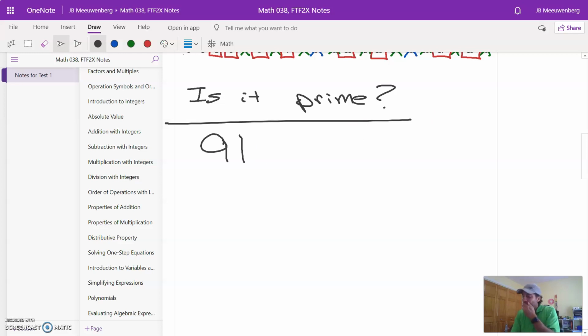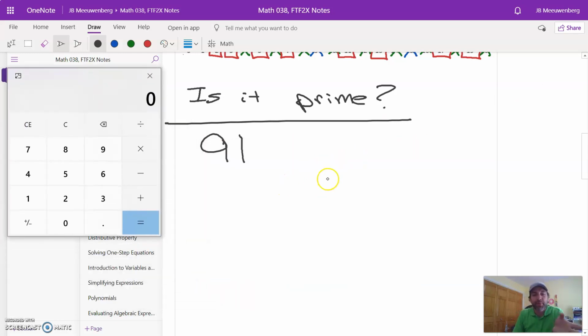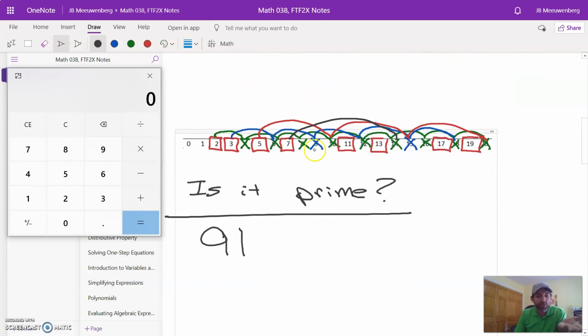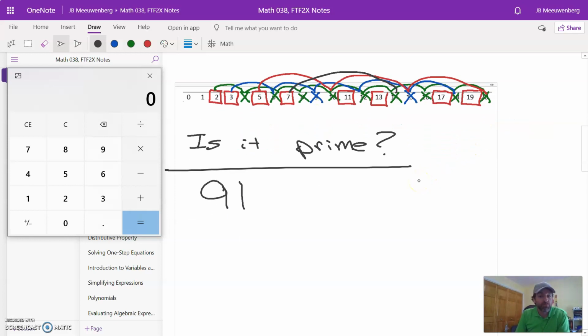Then come back. Now, I haven't told you how to figure that out yet, but the way you do it is if you think about what we were doing up here with the number line. What we're trying to do is determine if 91 has any other factors other than 1 times 91, right?